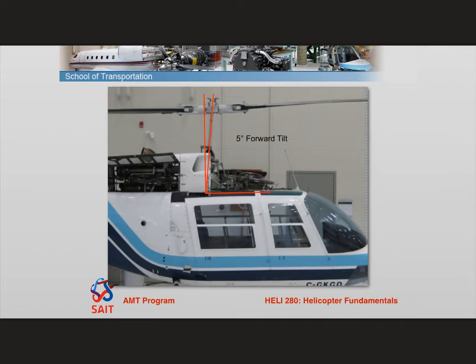Now, one of the things this means, though, is when the aircraft comes into a hover, the tail is actually going to sit low. So the aircraft will sit tail low in a hover, but in forward flight, it might sit more level. That's going to be more comfortable for the passengers and for the people on board the aircraft.